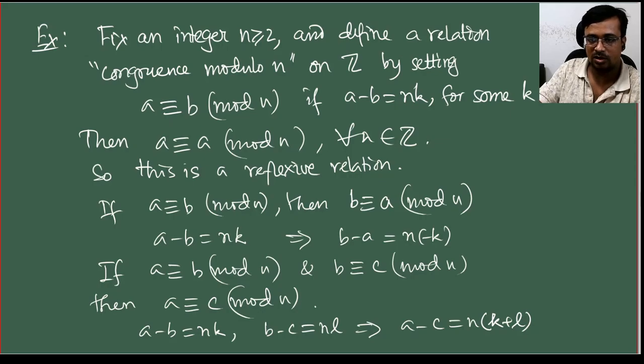This means that we get A is congruent to C mod n. So therefore, this is a transitive relation. So it is reflexive, symmetric, and transitive, and hence this is an equivalence relation.